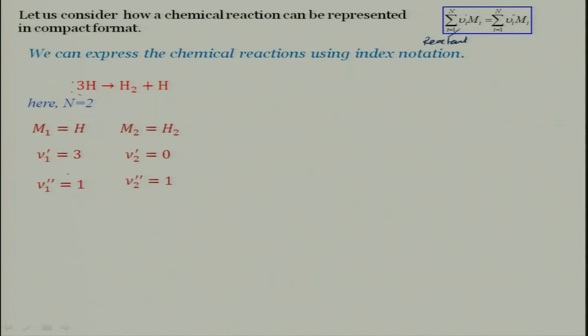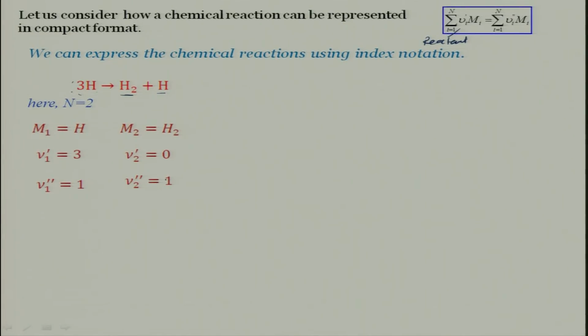In the product side, there is 1 H atom, therefore nu 1 double dash is equal to 1, and 1 hydrogen molecule on the product side, therefore nu 2 double dash is equal to 1. Is that clear?